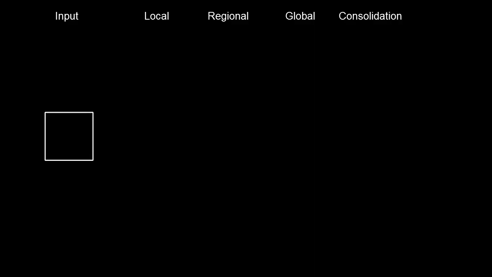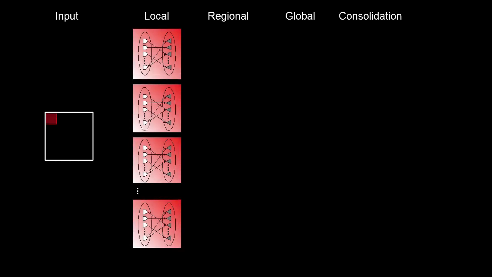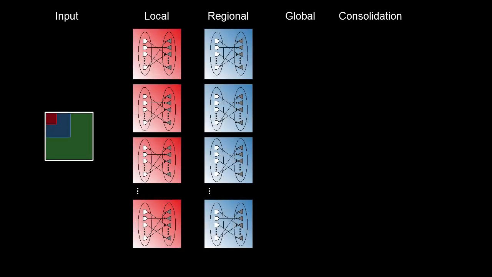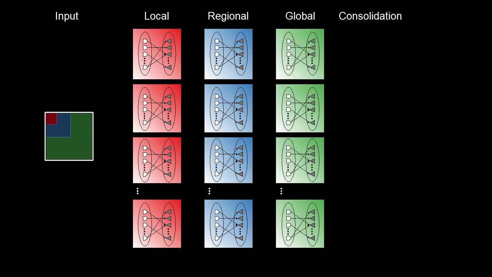The way we typically do this is we start out by pre-configuring the network. An approach that seems to work well is to use a multi-layer design where the lowest layers are responsible for processing local features, the middle layers process regional features, and the last layers are designed to process global features. In this way, as data percolates through the network, we gradually extract features of increasing complexity.